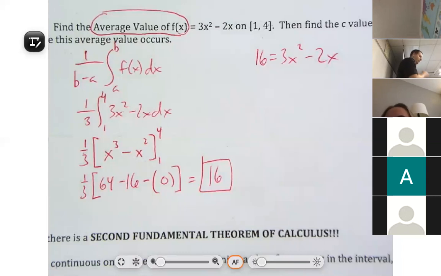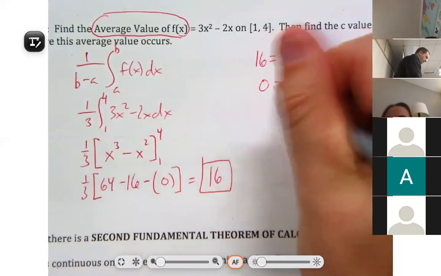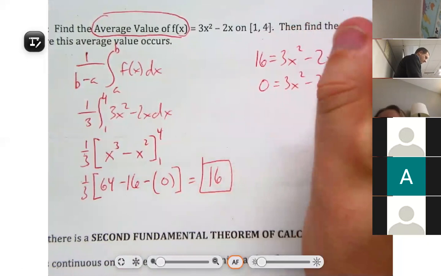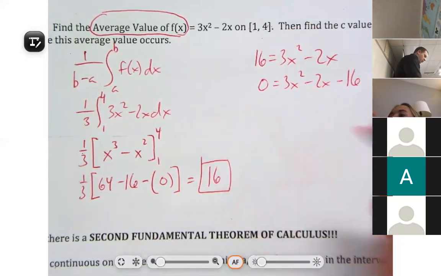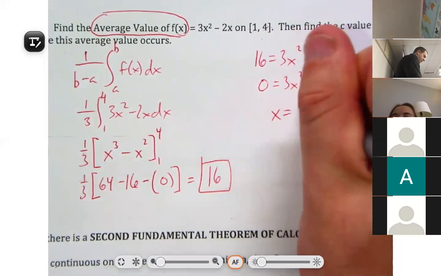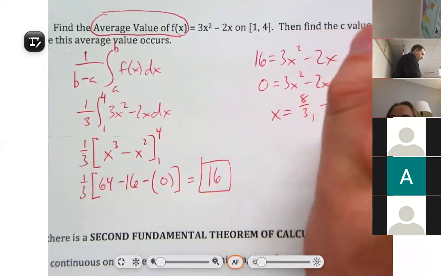Any quadratic ever, set it equal to 0. At this point you would just have to factor it or use the quadratic formula, however you want to handle this. I'm just going to give you the answers. If you did the quadratic formula or factored it, you would get x equals 8/3 and -2.